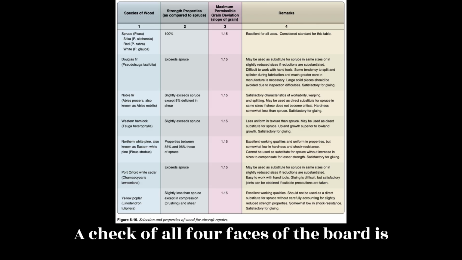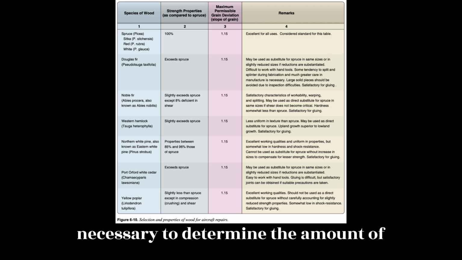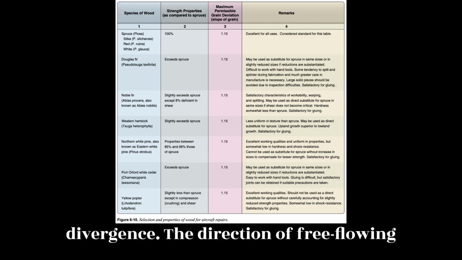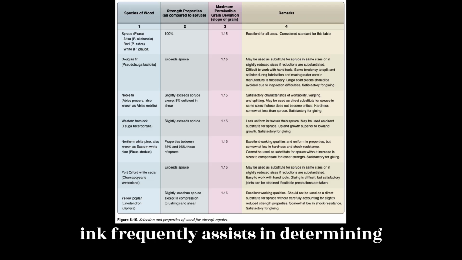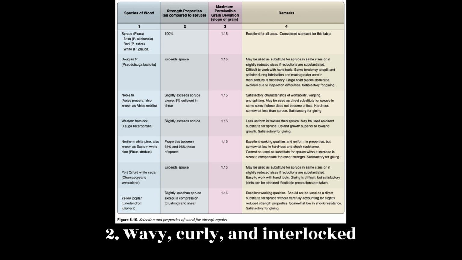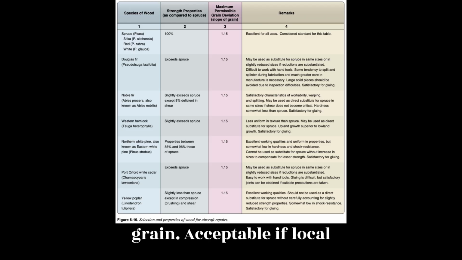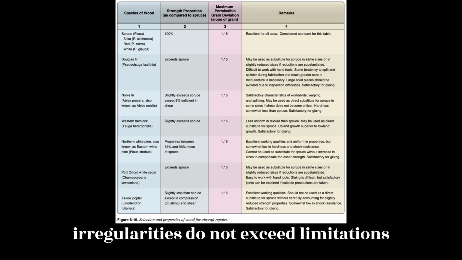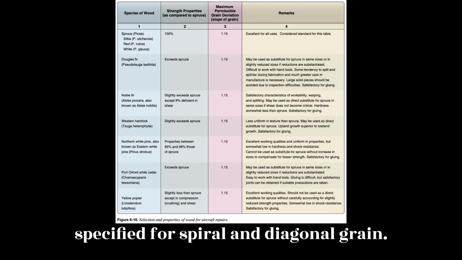A check of all four faces of the board is necessary to determine the amount of divergence. The direction of free-flowing ink frequently assists in determining grain direction. 2. Wavy, curly, and interlocked grain. Acceptable if local irregularities do not exceed limitations specified for spiral and diagonal grain.